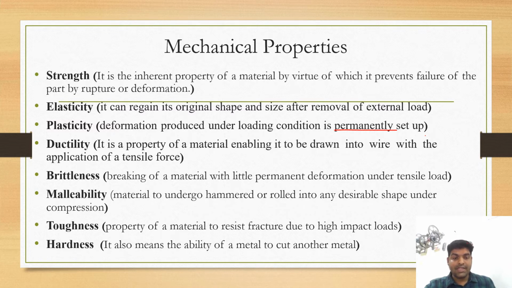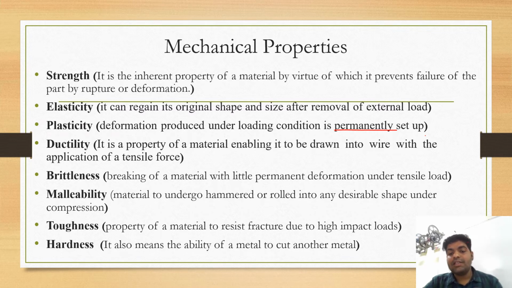Next is brittleness. It is the property of breaking of a material with little deformation under tensile stress or tensile load. Example, cast iron.